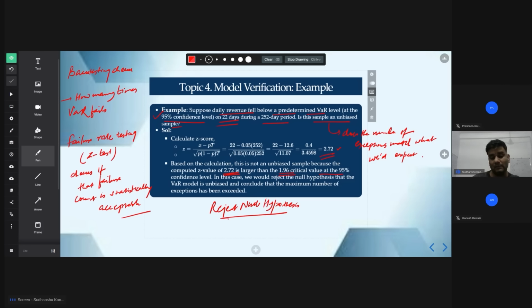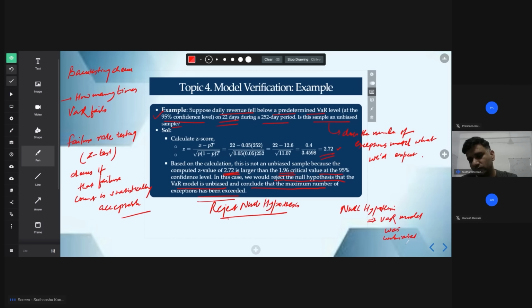The null hypothesis here was that the VaR model was unbiased. So we reject the null hypothesis that the VaR model is unbiased and conclude that the maximum number of exceptions has been exceeded.